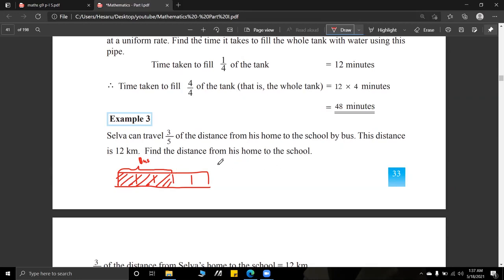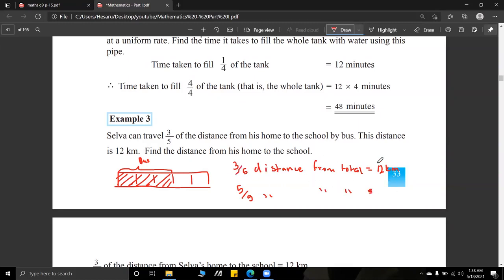Now they are saying that 3 over 5 of the total distance is equal to 12 kilometers. What we need is the total distance, so 5 over 5 of the distance from his house to school.